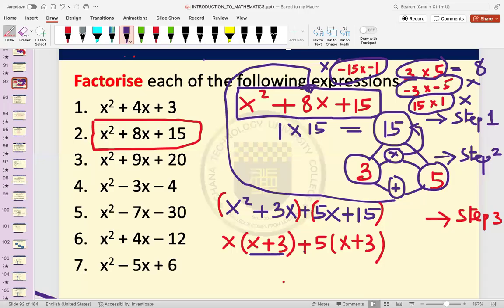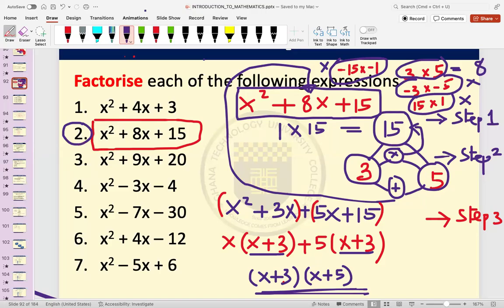I see x plus 3 here, and x plus 3 here. As a result, you only pick one of them as the first package. And then the second package, you combine the numbers outside: I see x here, I see plus 5 here, and you put them together as x plus 5. And this becomes the final answer or packaging for item number 2.